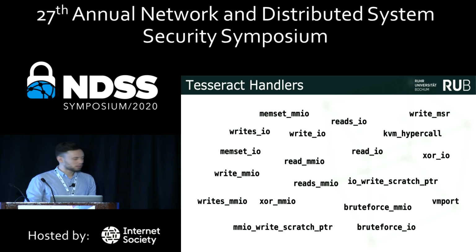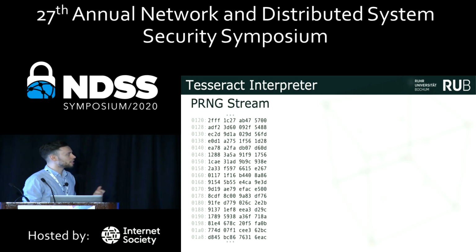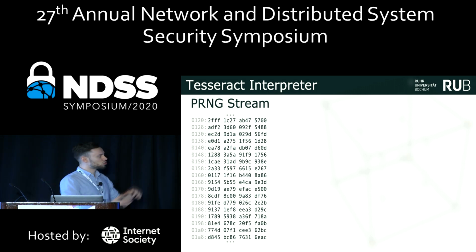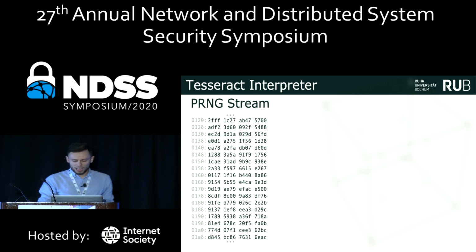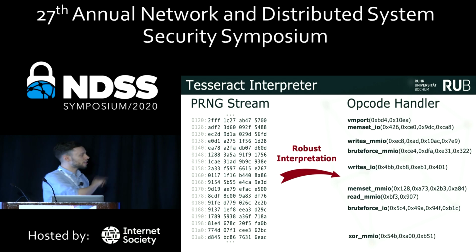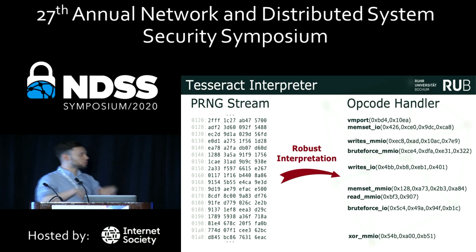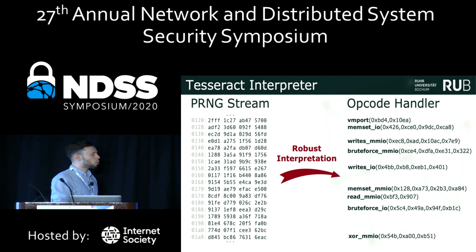The implementation is actually quite simple. We utilize a simple PRNG, a pseudo-random number generator, which generates just a stream of data. And at some point, we translate everything to a sequence of handlers which we execute. From a high-level perspective, that's it, actually.